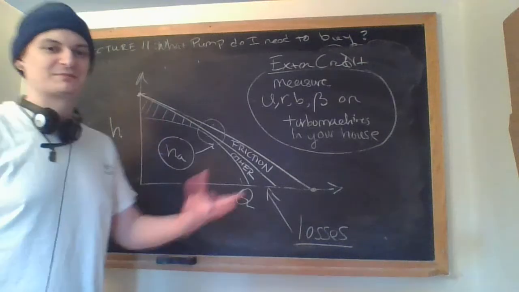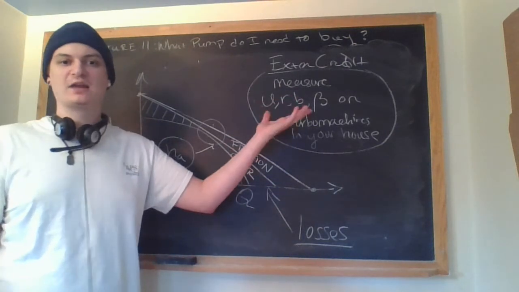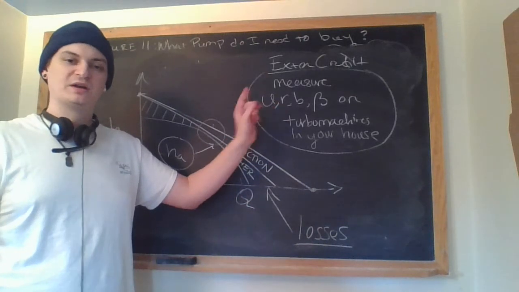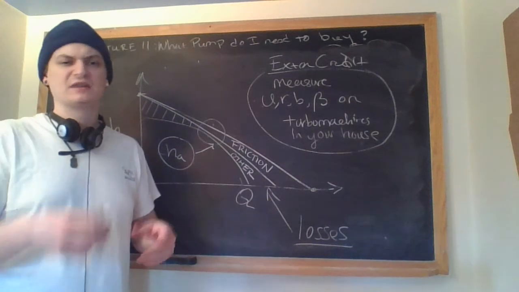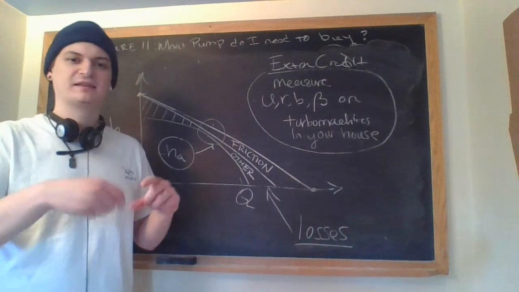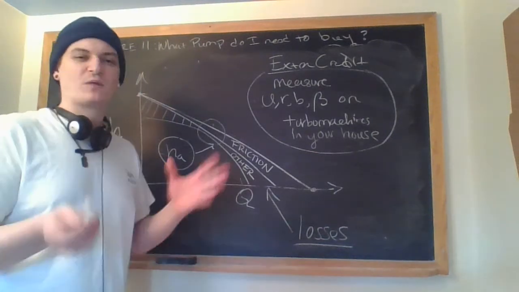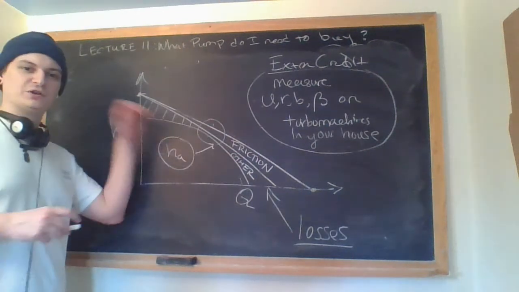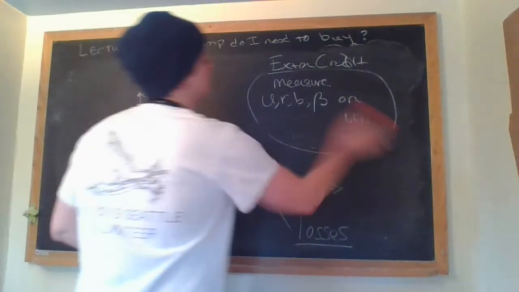Take apart some turbo machines in your house and try to measure any of these components any way you can. Take some pictures. This one's hard, the U, because you need to figure out the angular velocity. But if it's slow enough, you can count every 10 times and divide. There are ways to do it, and it's a fun exercise, and then you can make a plot of your own home turbo machinery and see what that pump equation is.